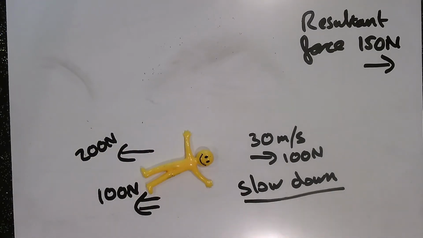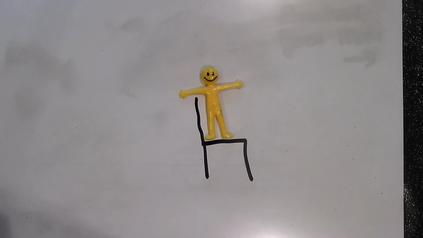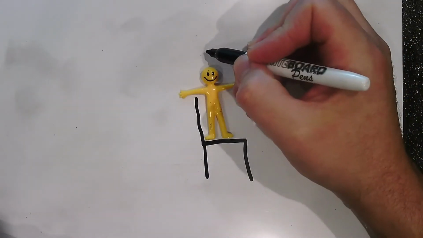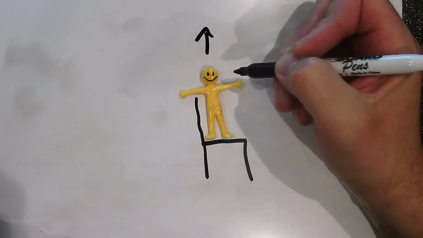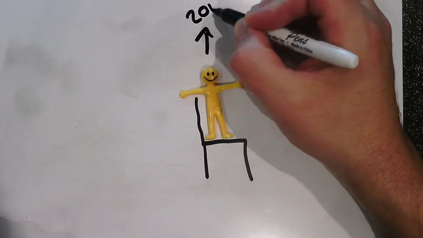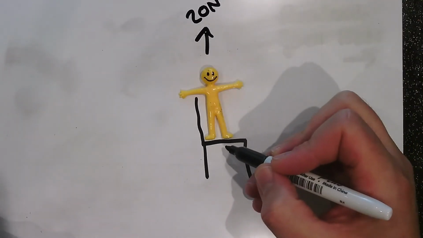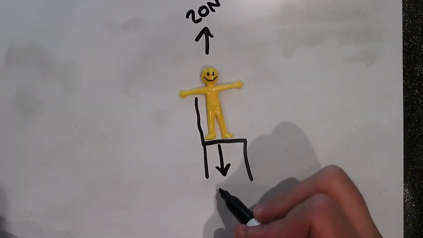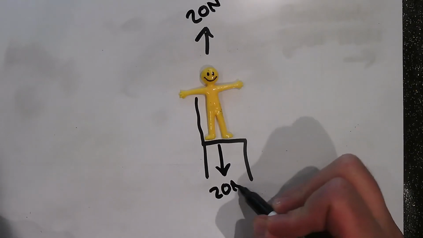Now the last example is this one. Yellow Man stood on a chair. In this case, the chair is exerting a force on Yellow Man of, say, 20 newtons upwards. Yellow Man is exerting a force on the chair of 20 newtons downwards.